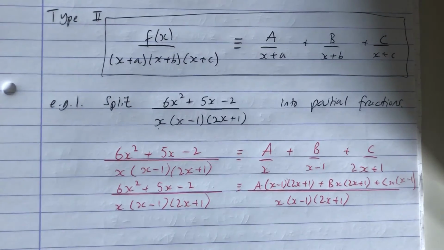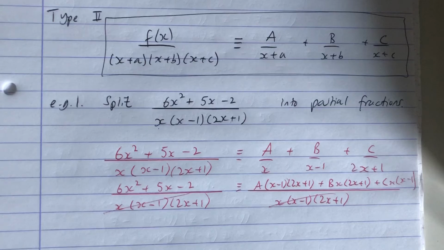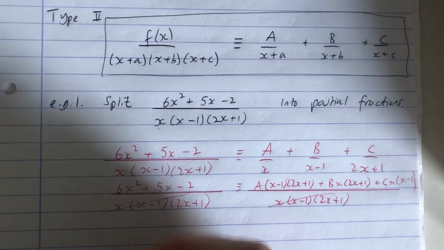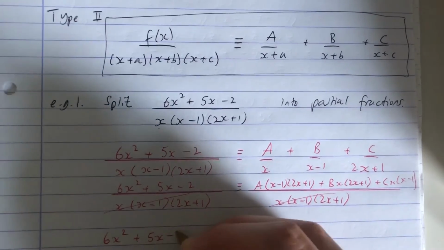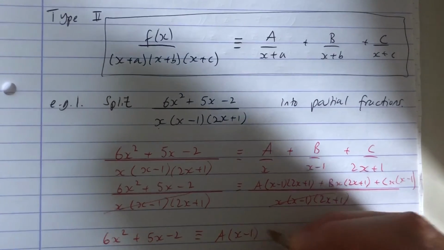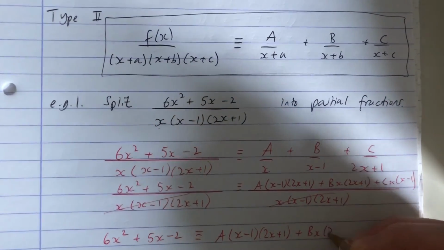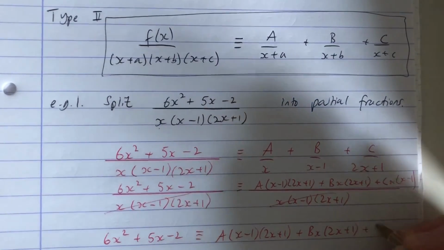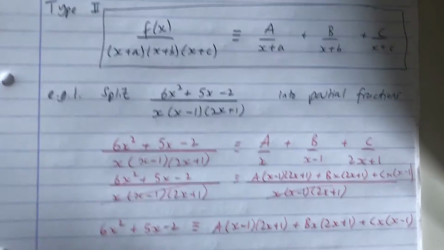Now because they're over the same common denominator, you can effectively forget about those, and it is the same as 6x squared plus 5x subtract 2 being identical to a(x minus 1)(2x plus 1) plus b x(2x plus 1) plus c x(x minus 1).